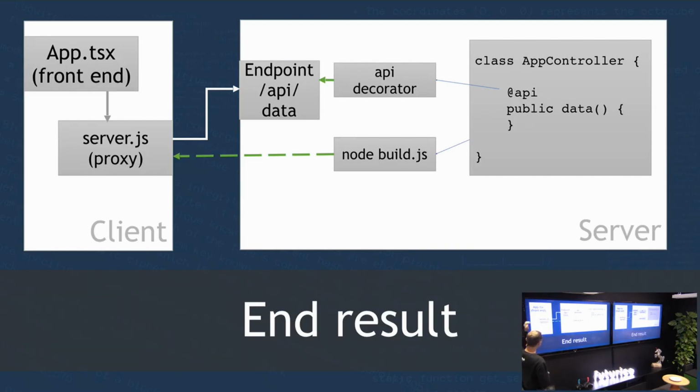And then up.tsx actually uses this proxy server instead of using the actual class on the server side, and this server is just a proxy that calls the endpoint.